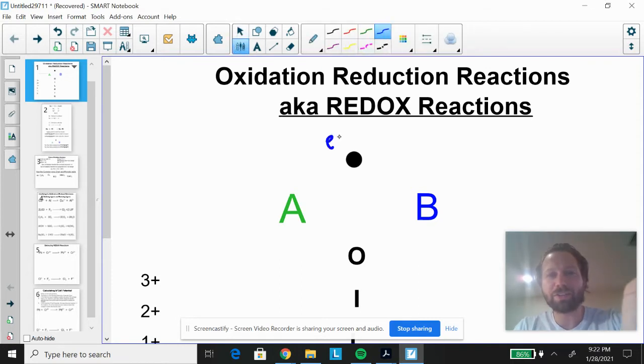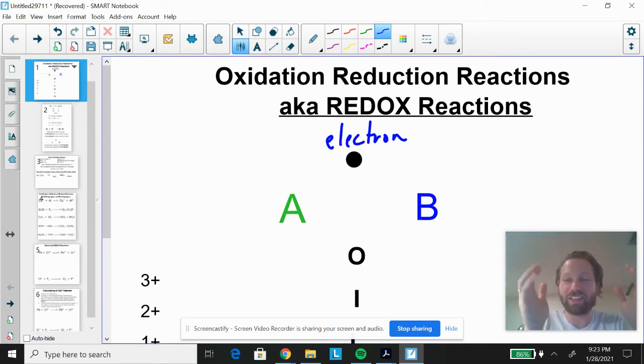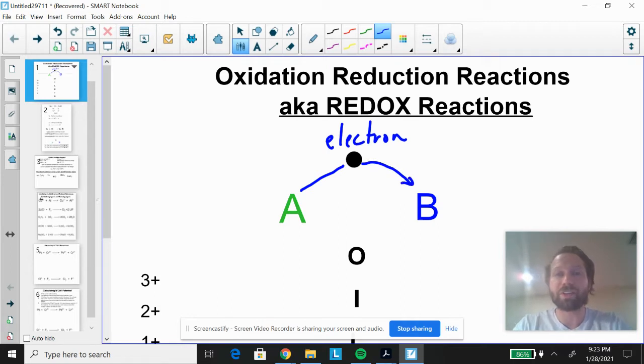So electrons are being passed during what we call oxidation reduction reactions or redox reactions. Redox is just a word that crunches the words reduction and oxidation together. Really, at its core, it's just an electron that's passing, say, from substance A to substance B, just like that.